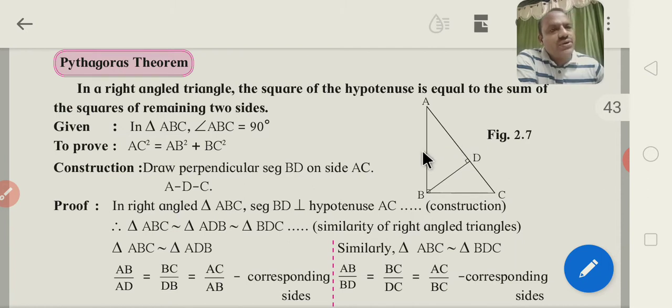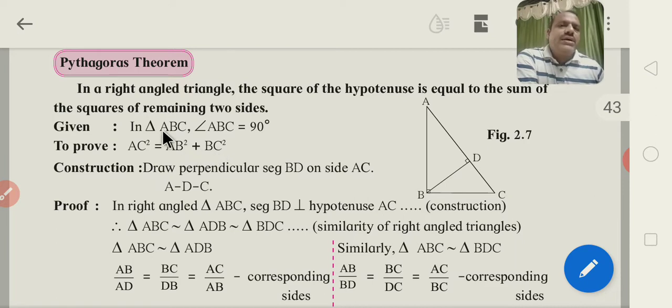Which two sides? AB and BC, with squares AB square and BC square. Now we write AC square is equal to AB square plus BC square.